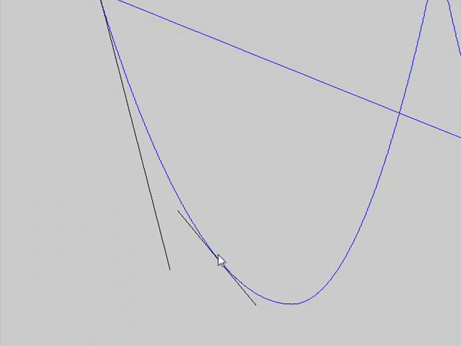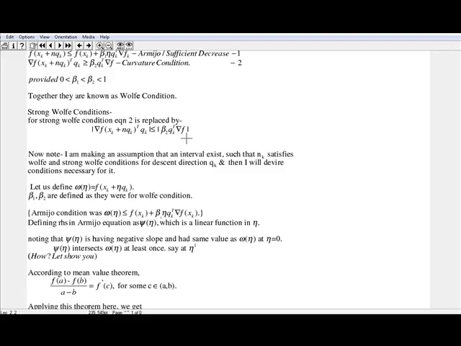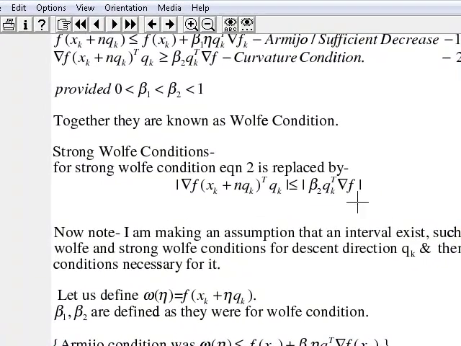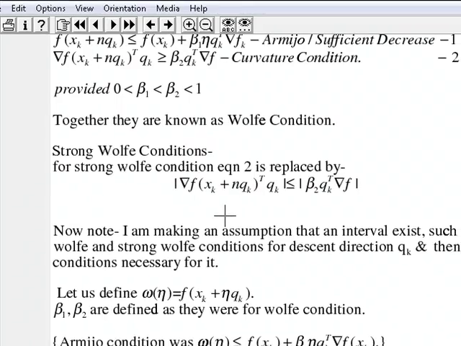But as you can easily see, from this value our function omega again increases. So our strong Wolfe condition takes the mod on both sides, and it restricts the value of the gradient to be less than or equal to some positive value.